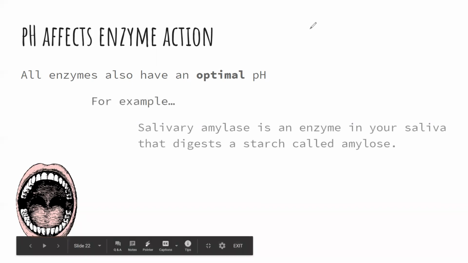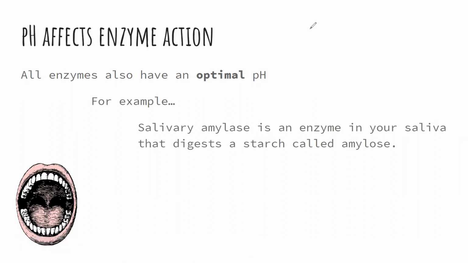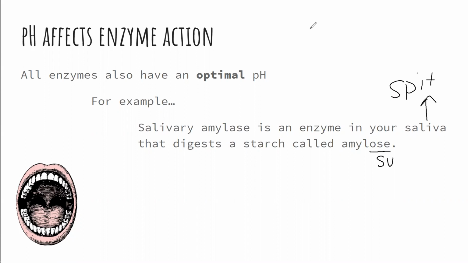So for example, let's use salivary amylase as our enzyme. Salivary amylase is an enzyme in our saliva, or what's another name for saliva? It is spit. So in our spit, it digests a starch called amylose. Let's figure this out. It ends in -ose, so it must be a sugar.